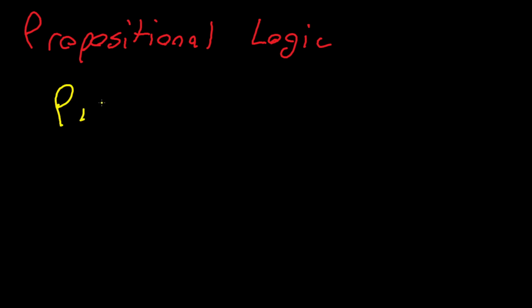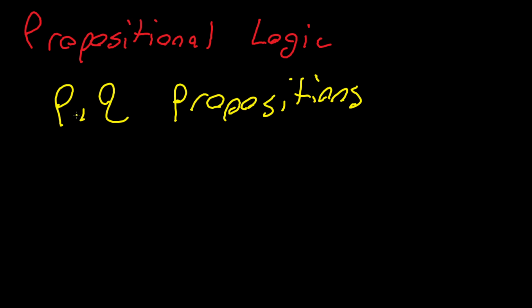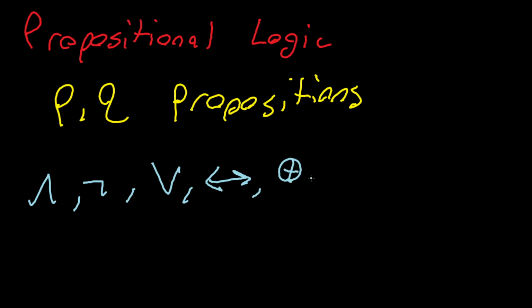It will have propositions P and Q as an example, and these are variables that take on values of true or false. And then it will have logical connectives. And these here are the connectives.